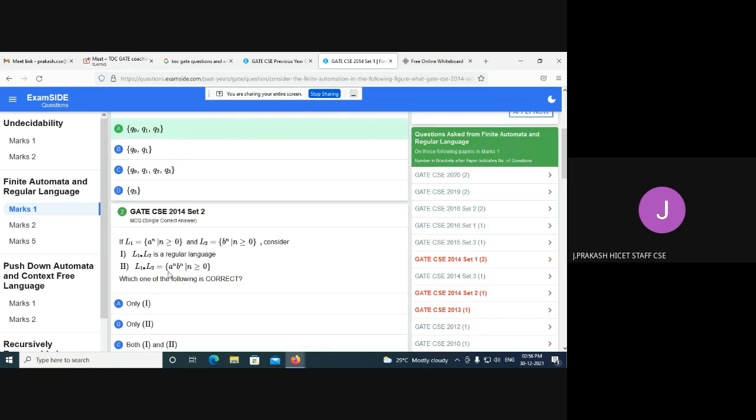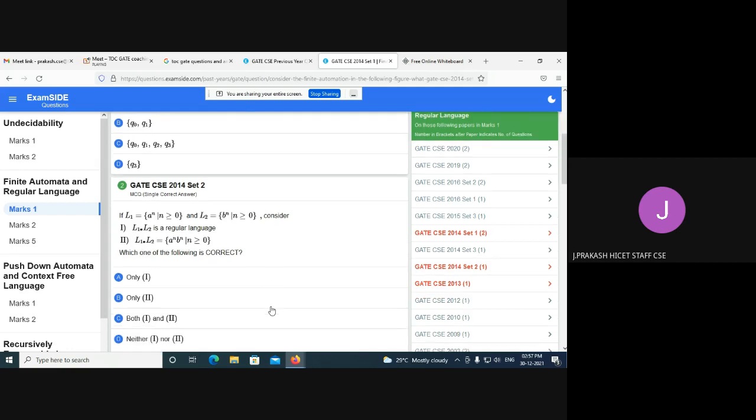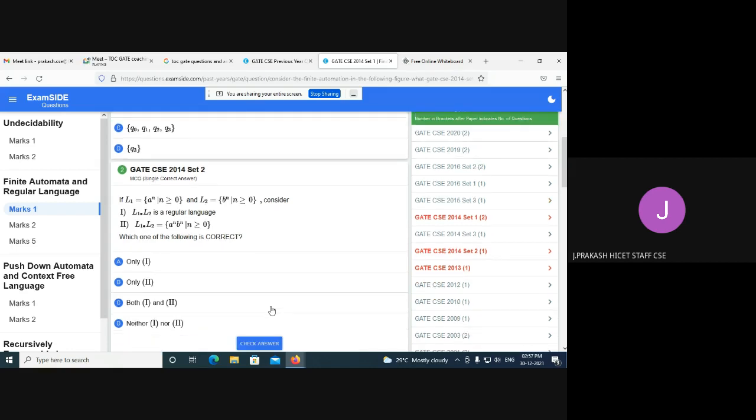Then see here. L1 equal to a power n, n greater than or equal to 0. L2 equal to b power n, n greater than or equal to 0. Consider L1 dot L2 is regular. L1 dot L2 equal to which of the following is correct?